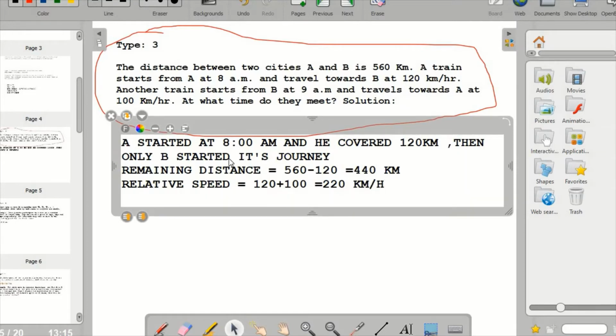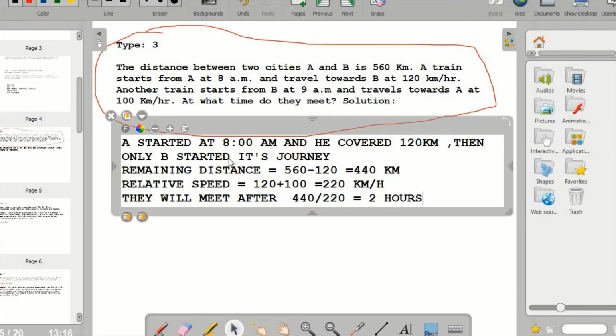So now they will meet after how many hours? They will meet after 440 divided by 220, which is equal to 2 hours. So it is concluded that both the trains will meet each other after 2 hours.